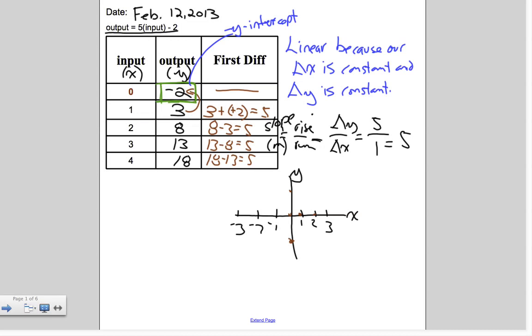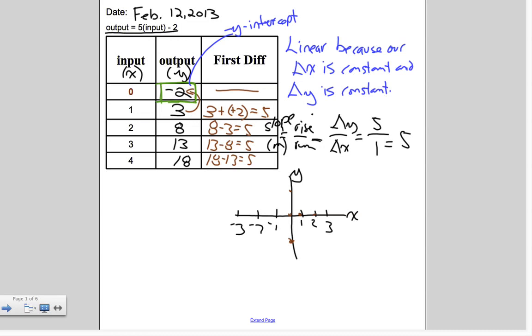This table? Right there. That's the relationship I just said. It's just an equation that I came up with. I'm going to just take my input, multiply by 5 and subtract 2.